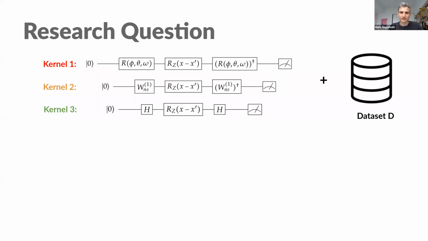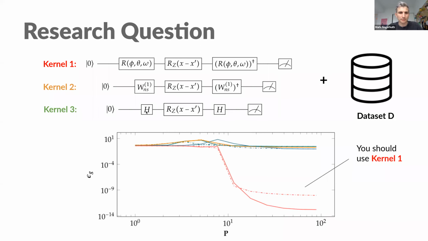So is there a way to theoretically predict the generalization error that we expect from these different kernels, in a way that, for example, in this plot, we would see the generalization error of all these different kernels plotted against the number of training examples, which is called a learning curve. And then we would ideally see that kernel 1, for example, is more suited to this data set than the other 2 types of kernels.